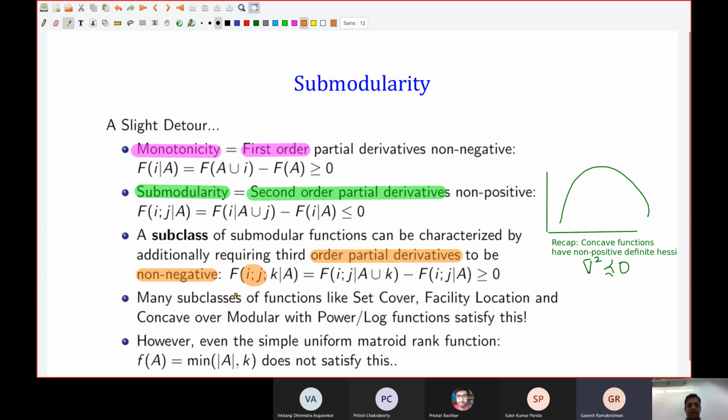It turns out that the non-negativity of the third order partial derivatives is satisfied by set cover, facility location, concave over modular, and power law functions. That would imply that these functions should have submodular mutual information as well.